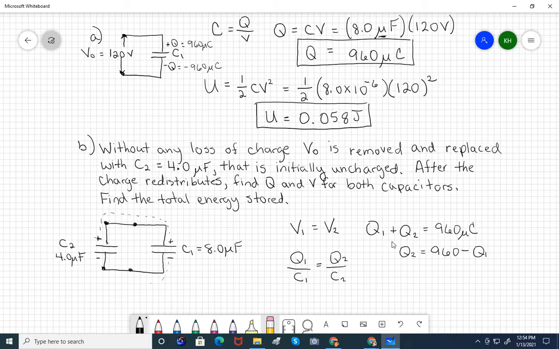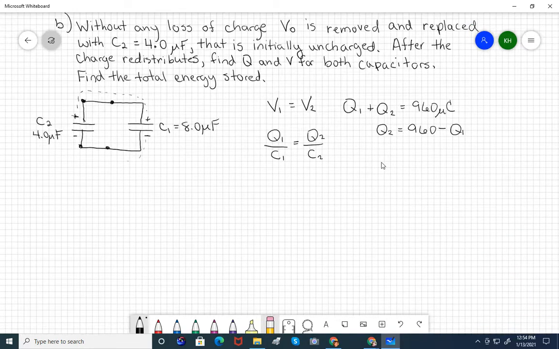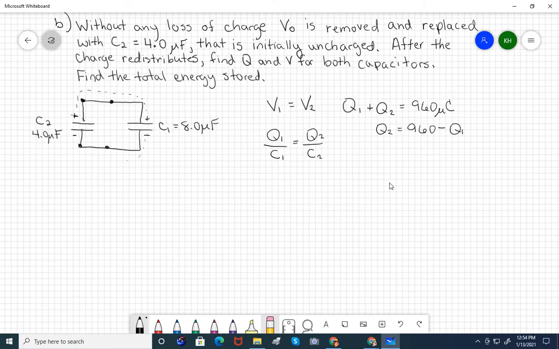I can fill in everything and only have one thing to solve for. Q1 over C1, C1, you'll recall, was 8 microfarads, equals Q2, which is 960 minus Q1, over 4 microfarads.